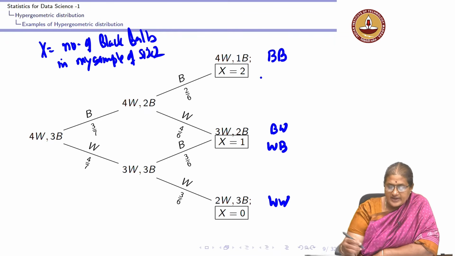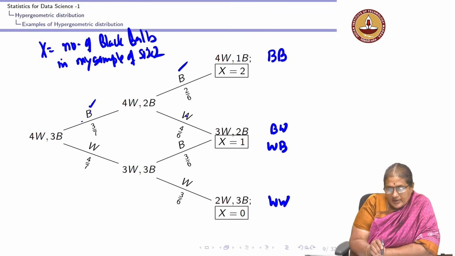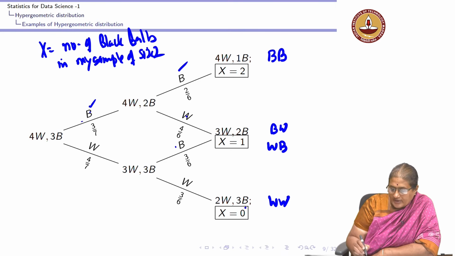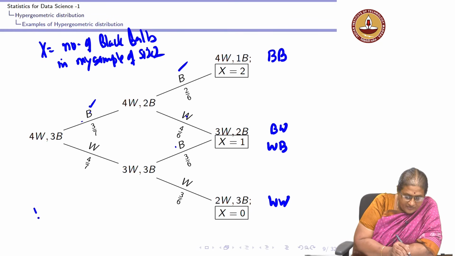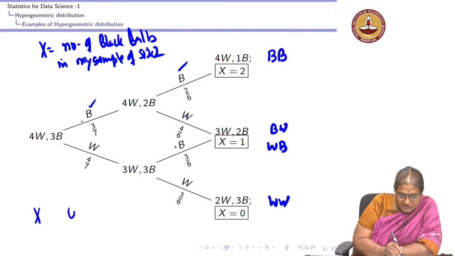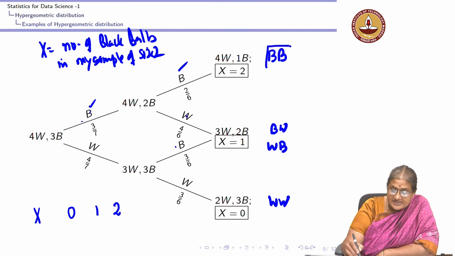So, I have here 2 black balls, here I have 1 black, 1 white, here I have 1 white, 1 black. So, X takes the value 1 here, here X takes the value 0. So, my random variable takes the values 0, 1 and 2. So, what is the probability with which it takes these values?